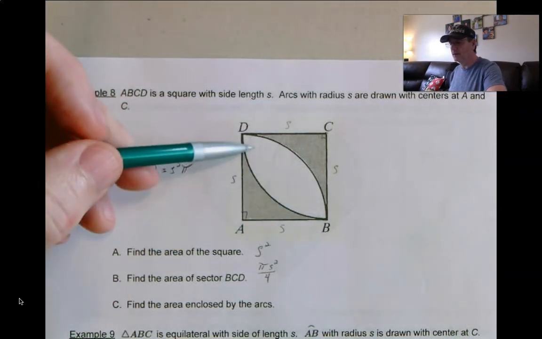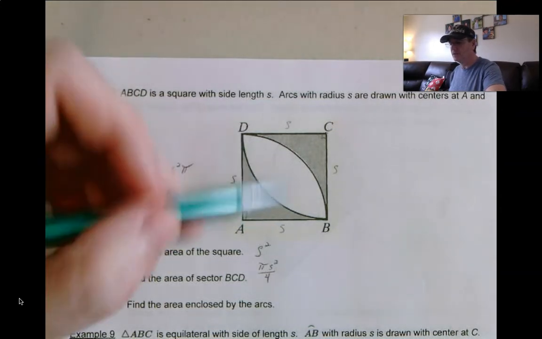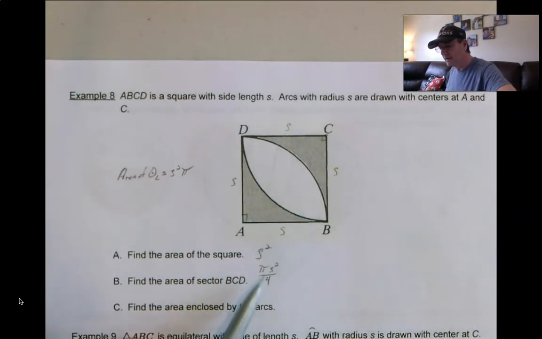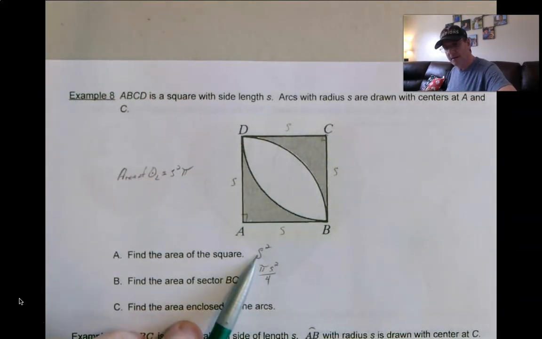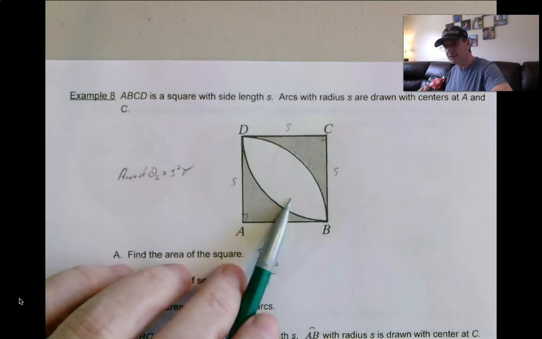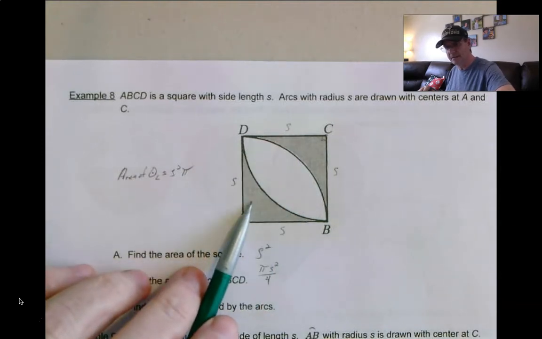Okay, the unshaded region here. So we're going to take this area of the square and subtract from it the area of the sector that we just found. That's going to give me this shaded region.